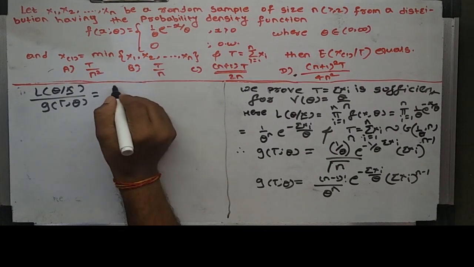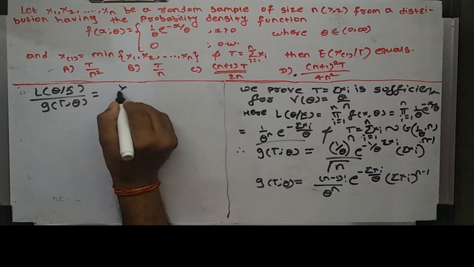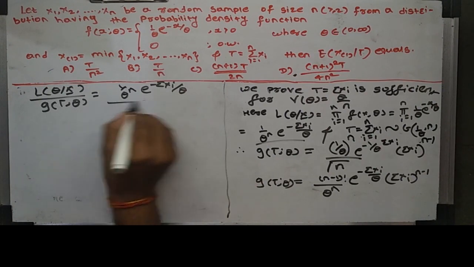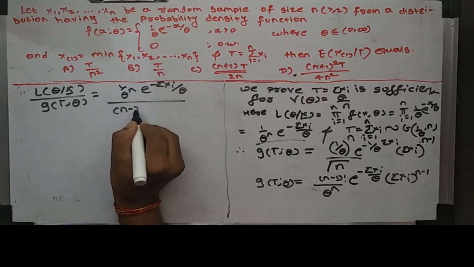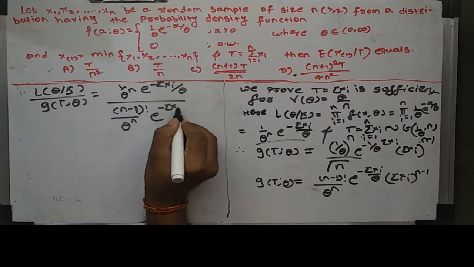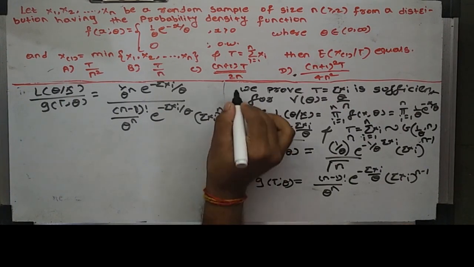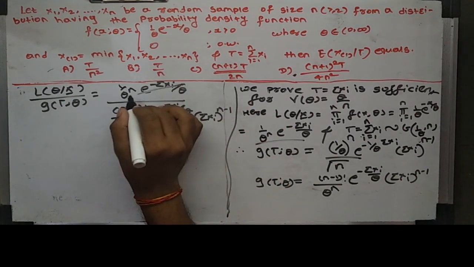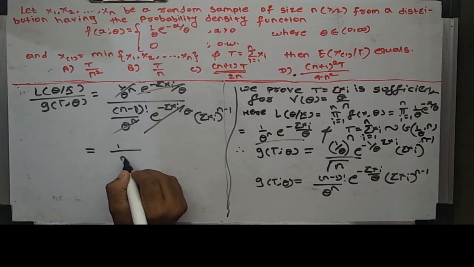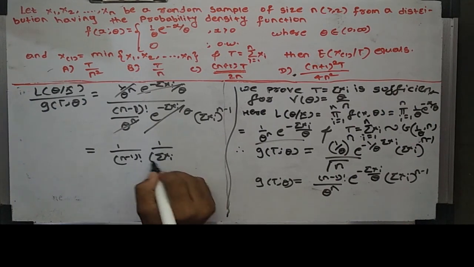Let's check. Likelihood is equal to 1 upon theta raised to n e raised to minus summation xi upon theta, divided by 1 upon n minus 1 factorial into theta raised to n into e raised to minus summation xi upon theta into summation xi raised to n minus 1. Here terms cancel out, and it is equal to 1 upon n minus 1 factorial into 1 upon summation xi raised to n minus 1.